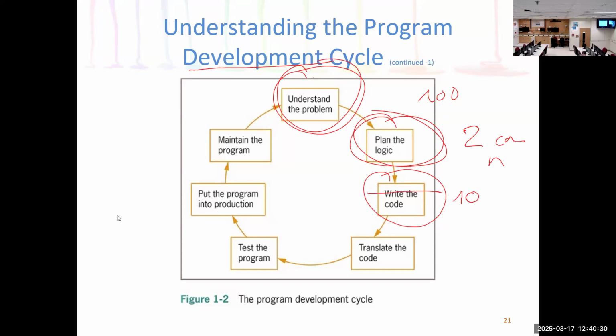You just follow the instructions and convert them into the specific programming language. Later on, when you learn about pseudocode or flowcharts, you can easily convert the logic into Python. So: understand the problem, plan the logic, write the code, and then translate the code. That is a concept you learned already, right?